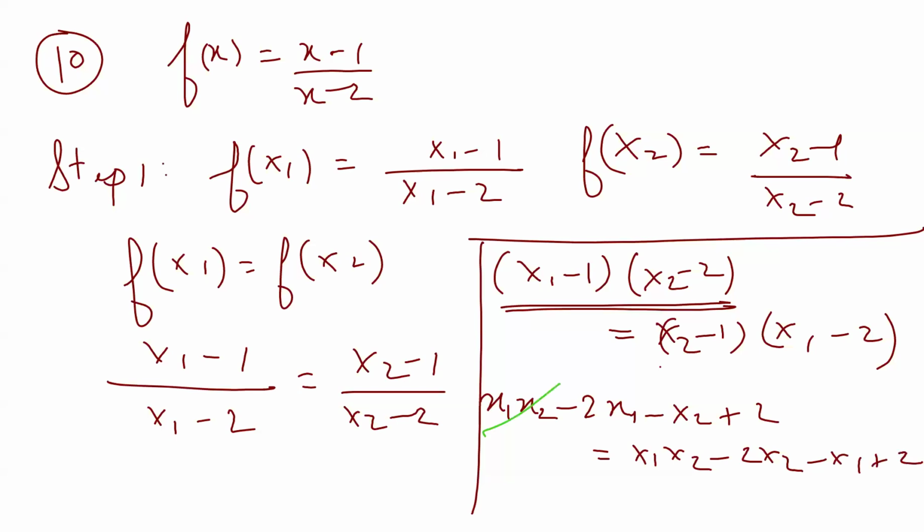So cancellation of some terms on both sides. You can take x1 terms together. Minus 2x1, you put on the right hand side, and minus 2x2, you put on the left hand side. Okay, so x2 is equal to x1. Therefore, it is 1 to 1.